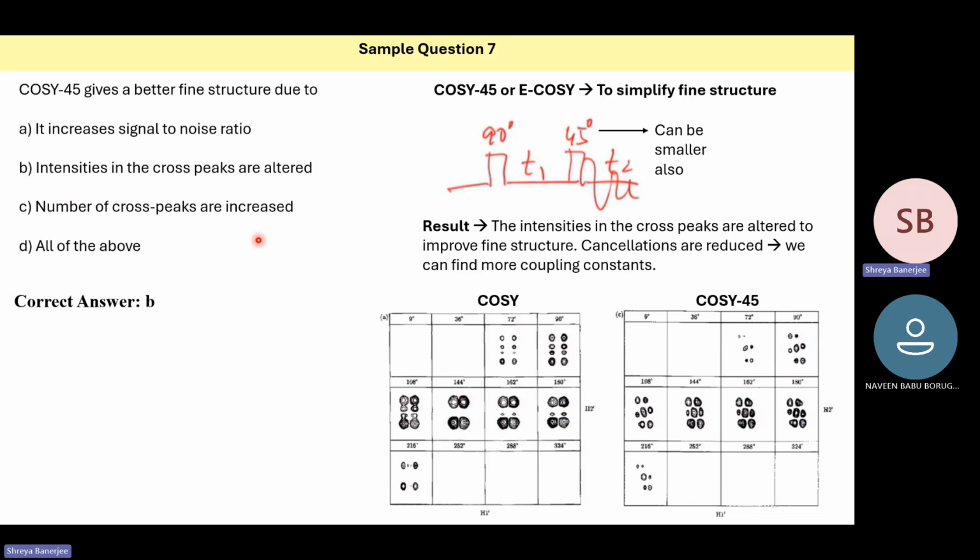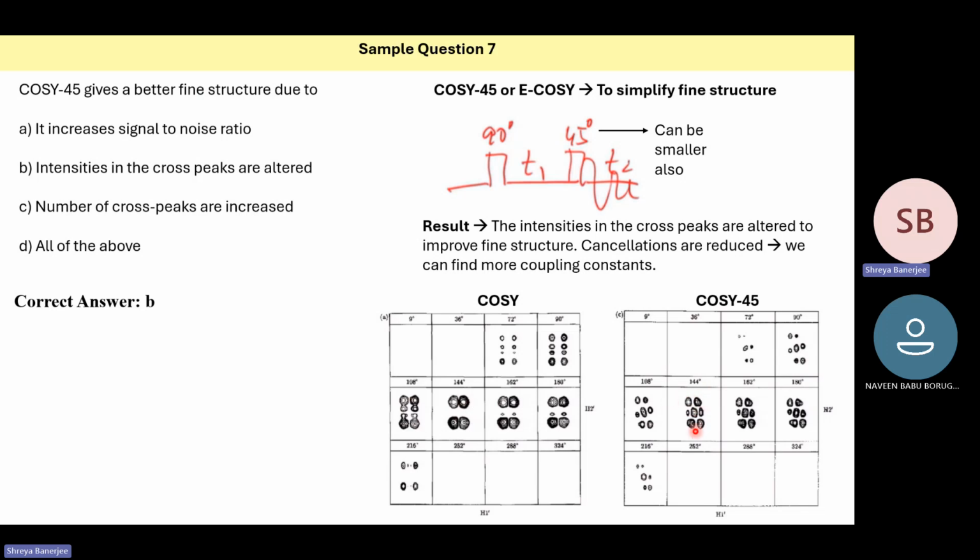But we were observing only about 4 cross peaks because all the opposite signs are getting cancelled out. But in E-COSY, what happens? The intensity in the cross peak is altered so that the cancellations are reduced and we are able to see the fine structure better.